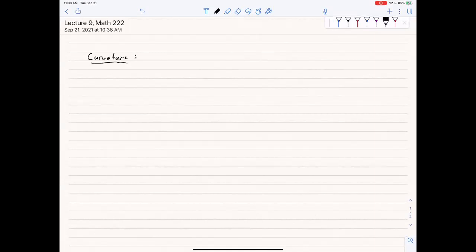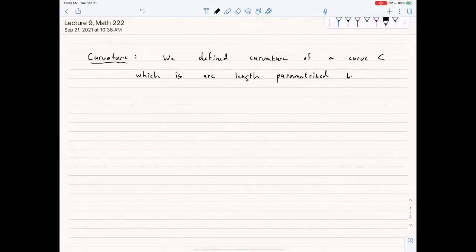Recall that we talked about arc length reparametrization, and we defined curvature of a vector valued function, or a curve really, let's say curve C, which is arc length parametrized by the vector valued function R of S, to be just the magnitude of R prime.